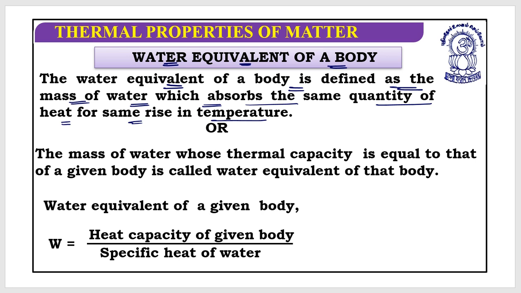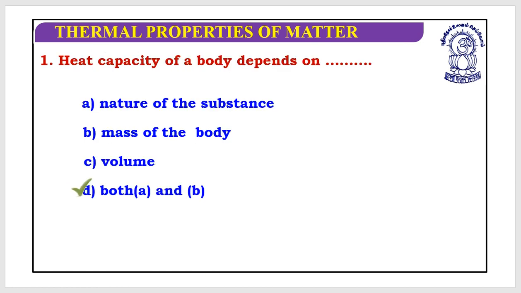Or, it is the mass of water whose thermal capacity is equal to that of the given body. Formula-wise, the water equivalent of a given body is the heat capacity of the given body divided by the specific heat of water. We are going to use this in calorimetry. Do you understand everything up till now? Let's look at quick questions.